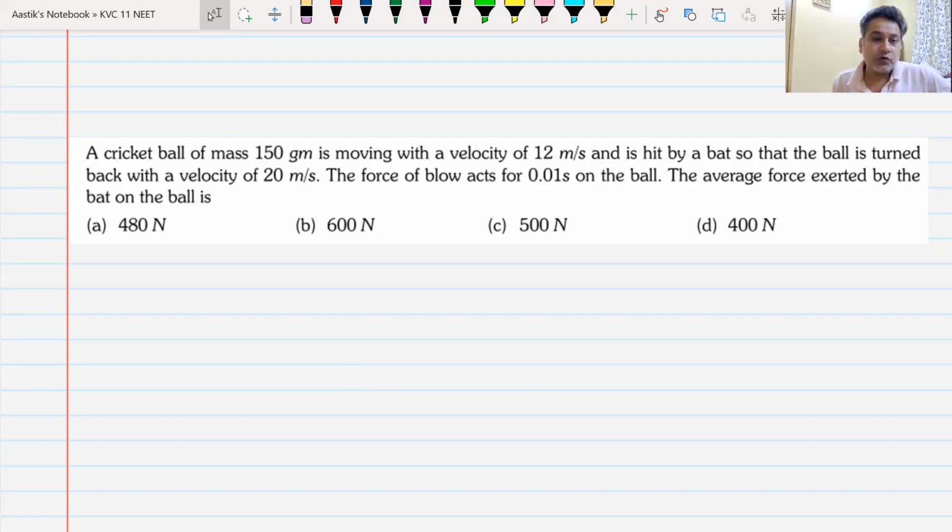The force of blow acts for 0.01 seconds on the ball. Sometimes instead of the ball getting hit, someone is catching it. So these are the two ways in which they give it. The average force exerted by the bat on the ball is, and I'll give you 2 minutes to do this.